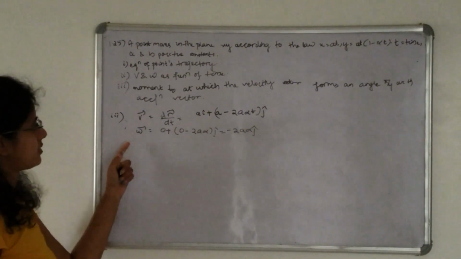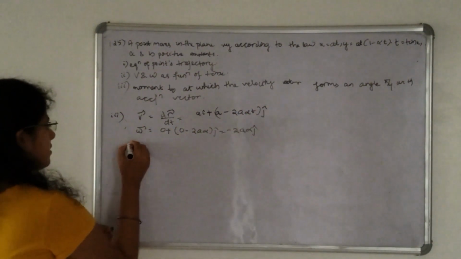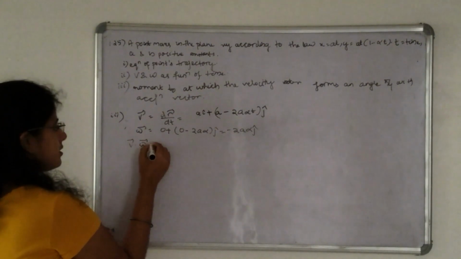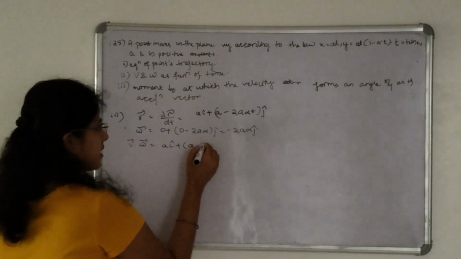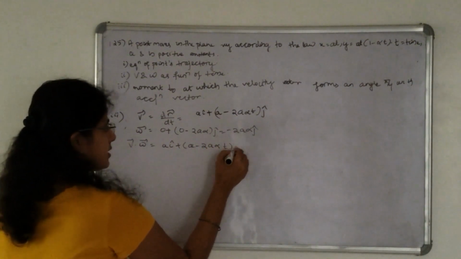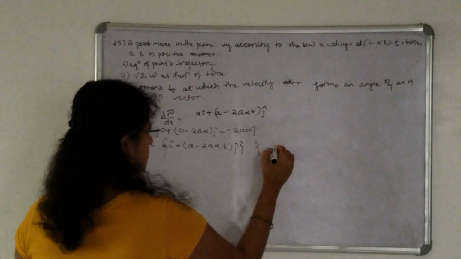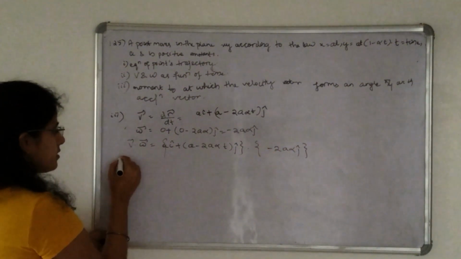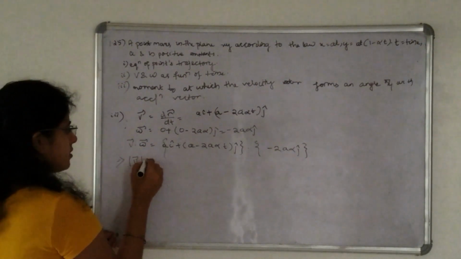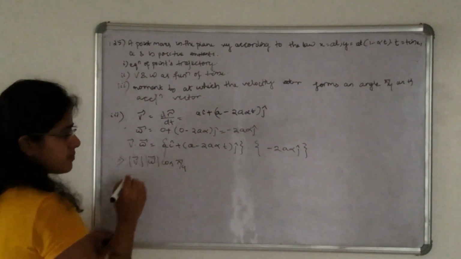So the angle between these two vectors is how much? Pi by 4. v dot omega is equal to how much? (a i cap plus (a minus 2a alpha t) j cap) dot (minus 2a alpha j cap). Okay, so this equals modulus of v into modulus of omega into cos pi by 4.